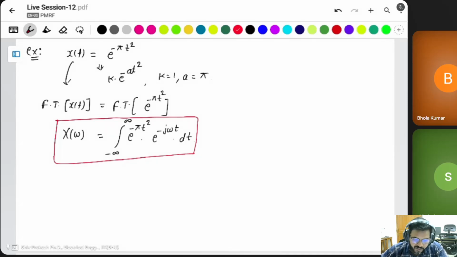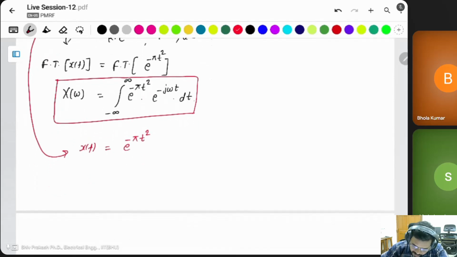So for finding the Fourier transform of this type of function, I write x(t) equal to e to the power of minus pi t square. Then differentiate both sides.